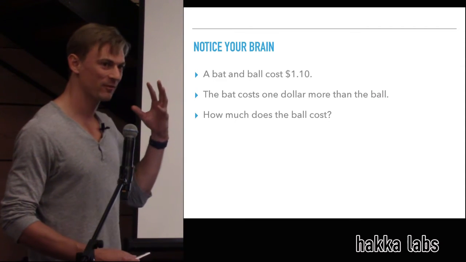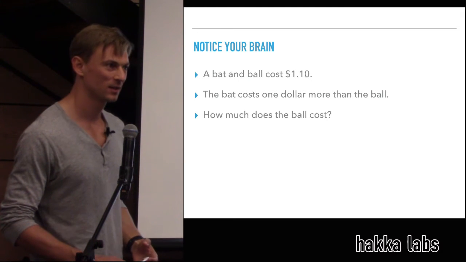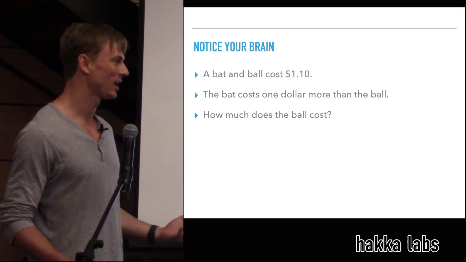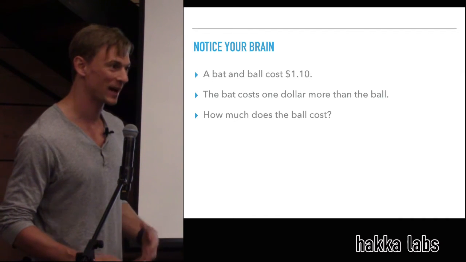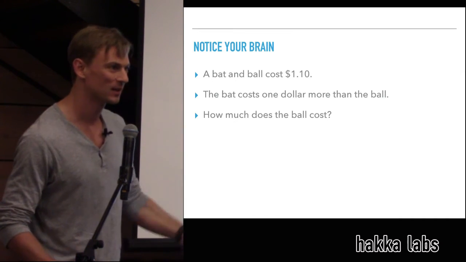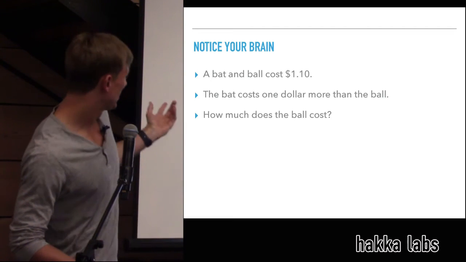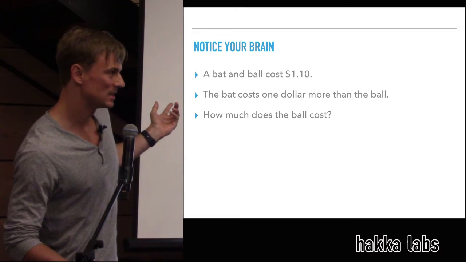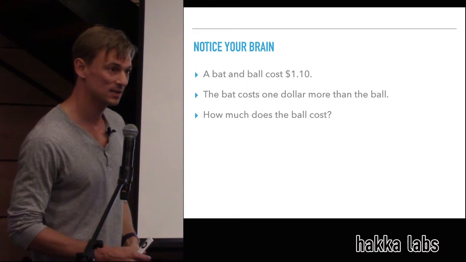Did anybody have the answer of 10 cents pop into their head? Yes, good. A few people are not too embarrassed to raise their hands. I'm sure at least double as many had that number pop in their head. Where does that come from? System 1, right? It looks easy because there's a dollar, there's a dollar, and there's a 10 cents.